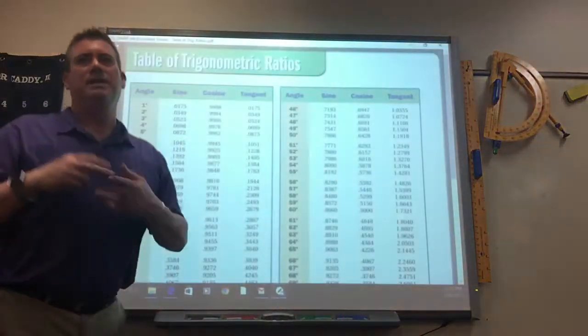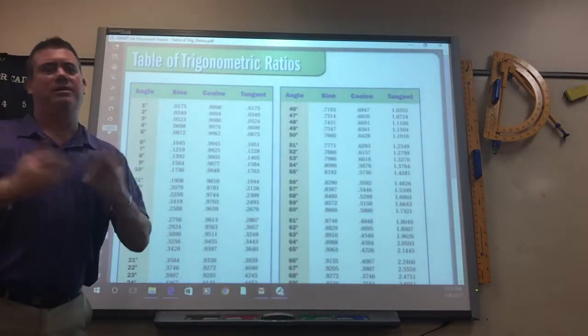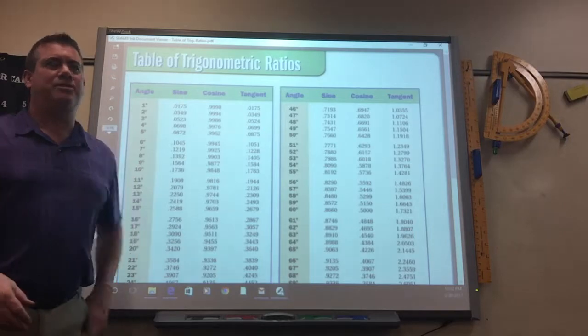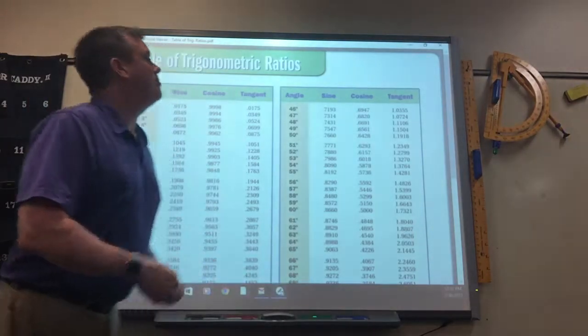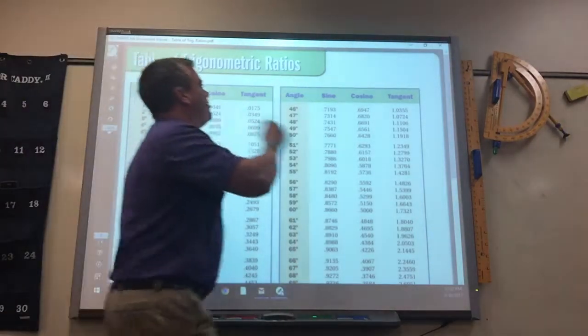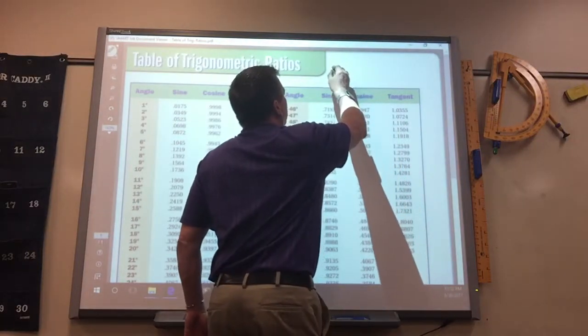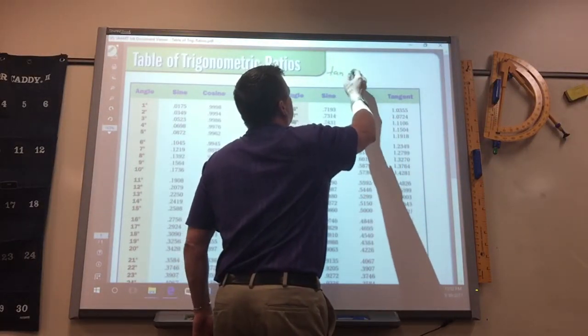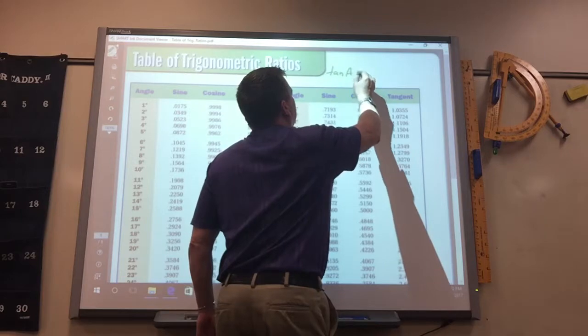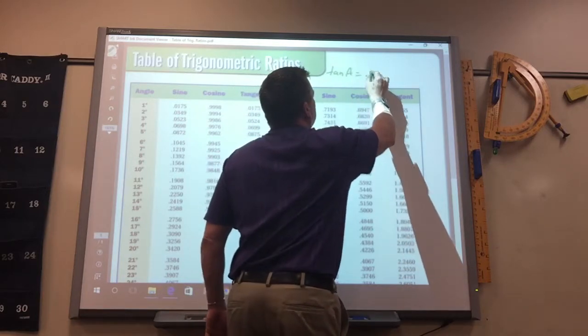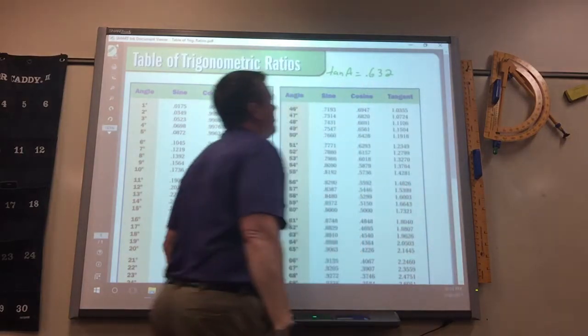Stuff with the third type and final type that we got to find, and that's if you're missing an angle. So if we just said the tangent of angle A is 0.632.